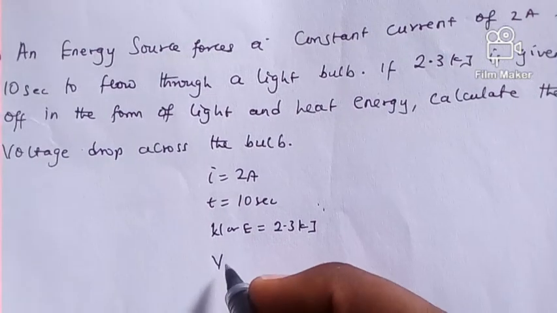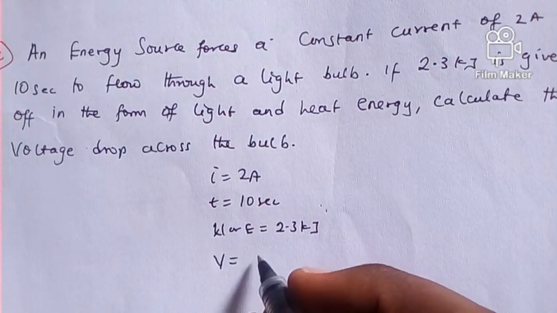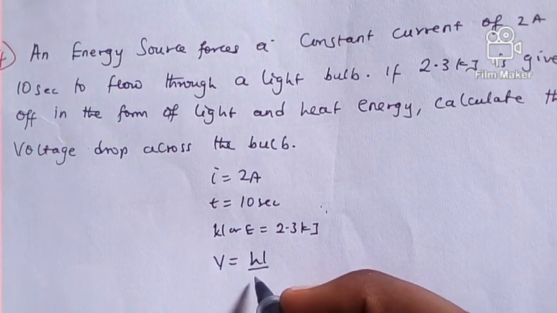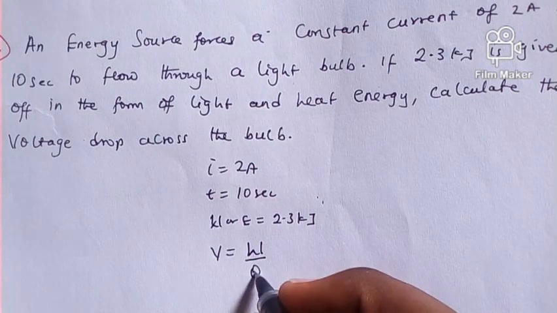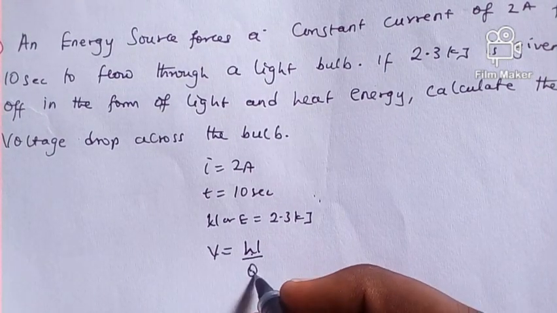Now we say that voltage, which is the potential difference, is the work done in moving a unit charge of 1 coulomb from one point to another. So as a matter of fact, voltage is work over charge.